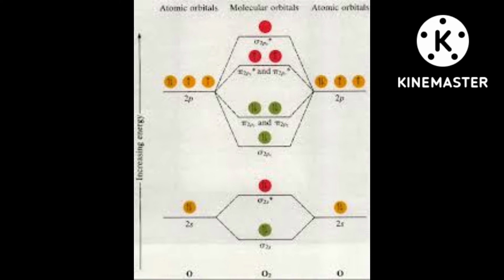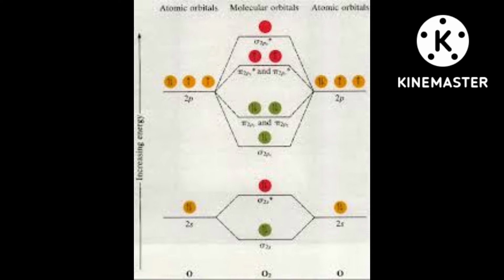The orbital name is just like an ordinary orbital. We write 1s, 2s, 3s in that way. Here what is different is that before the 1s you write sigma.